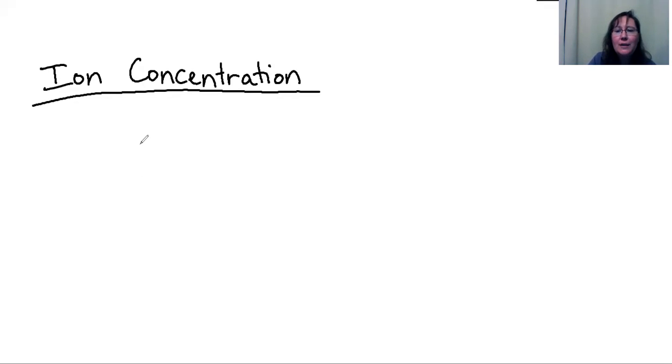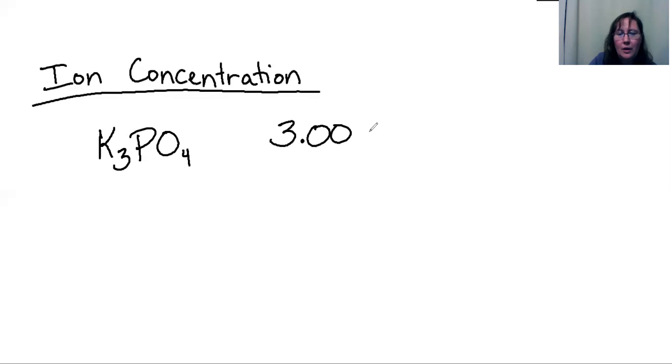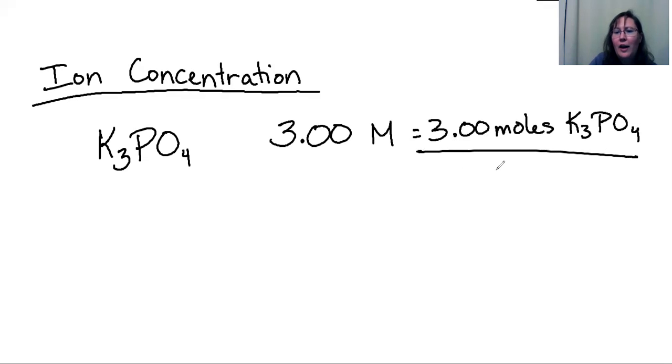Okay, so for example, let's take a look at potassium phosphate again, K3PO4. And in that last slide, we were at 3 molar. And that means that we have 3 moles of potassium phosphate for every 1 liter of solution.